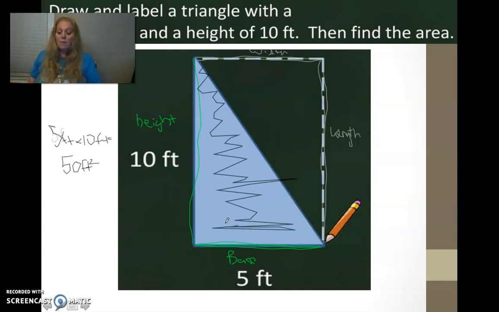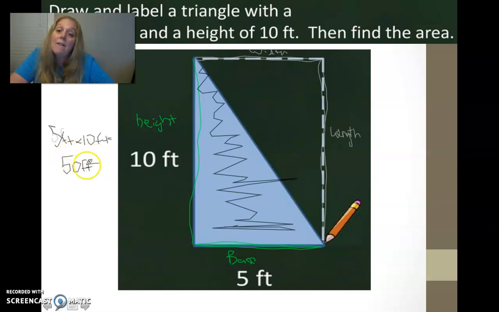And we know from our activity that we just did that a right triangle is half of a rectangle. So in order to figure out what the area of the right triangle is, we're going to have to take the area of the rectangle and divide it into 2.